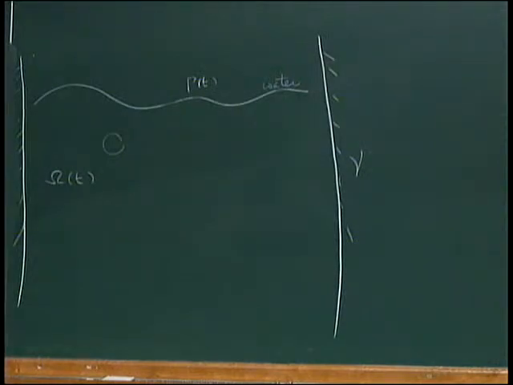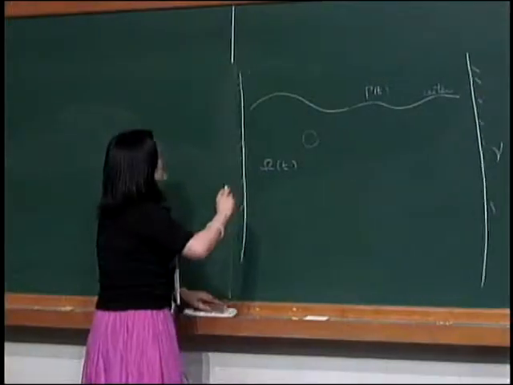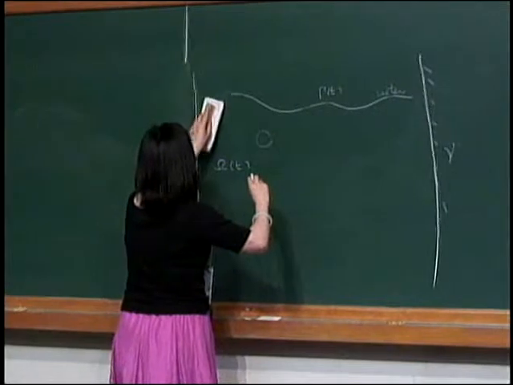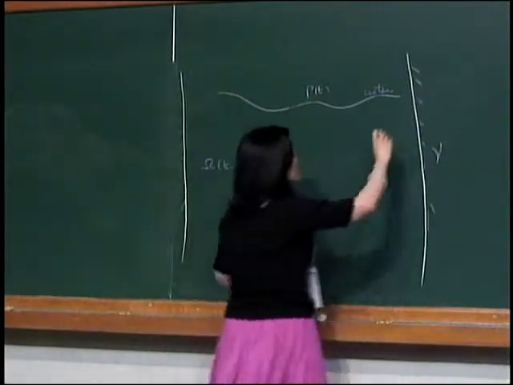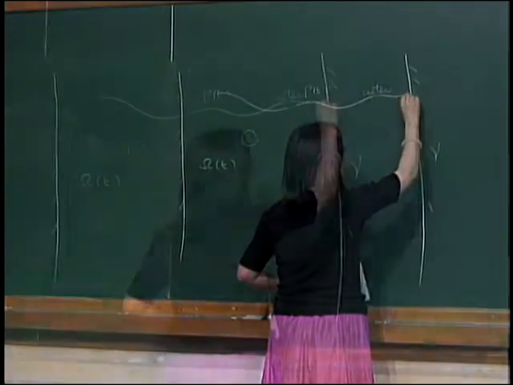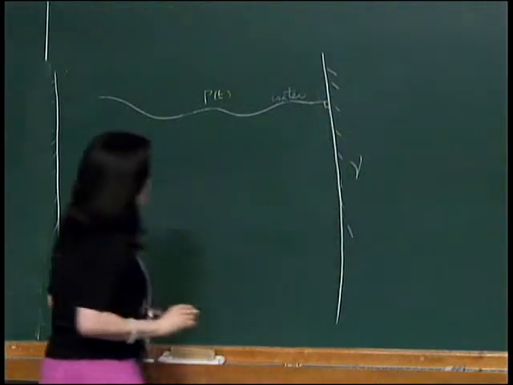Suppose this wave makes, say, a 90-degree angle with the wall. Let's try to understand what the velocity is on the wall.